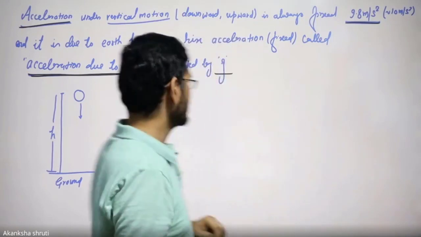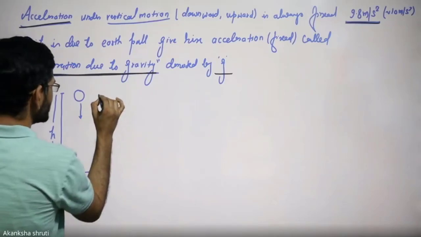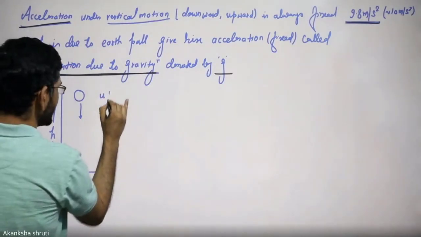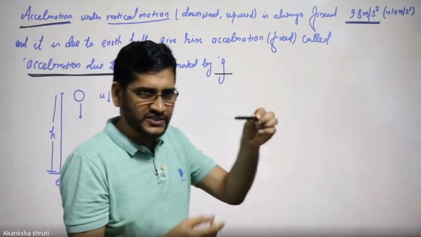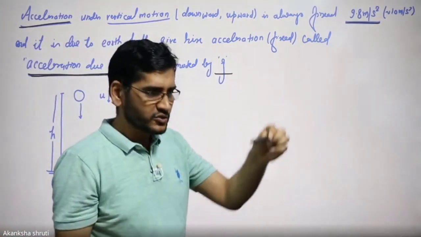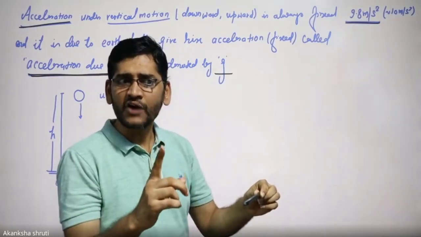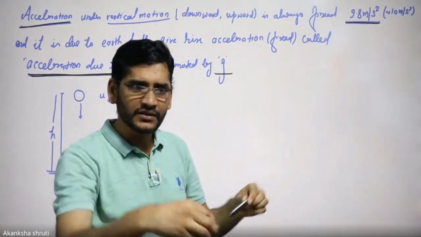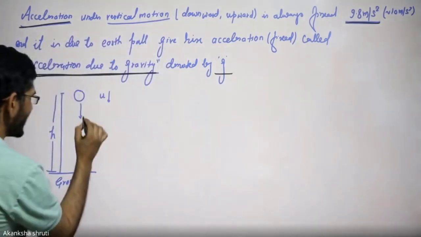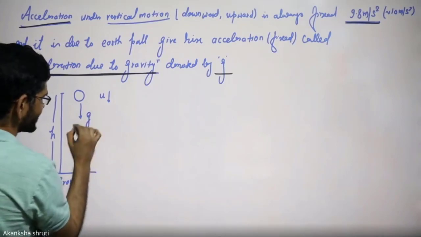The body is already moving downward with initial speed u, so the reference direction is downward. In the downward direction the speed increases, which gives rise to acceleration a.